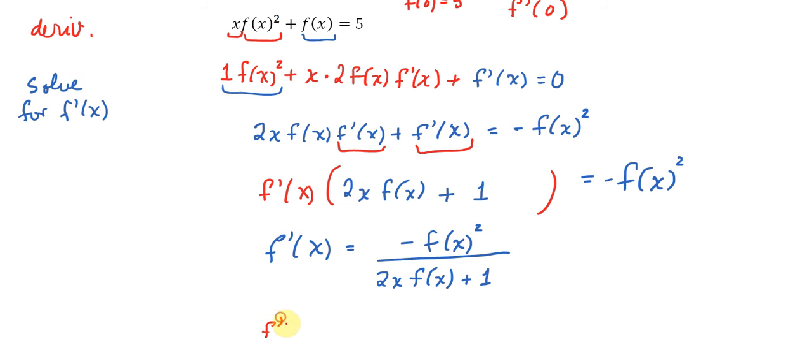So f prime of 0 is equal to negative f of 0 quantity squared, all of this over 2x, whoops, but x is 0, right? Times f of 0 plus 1.